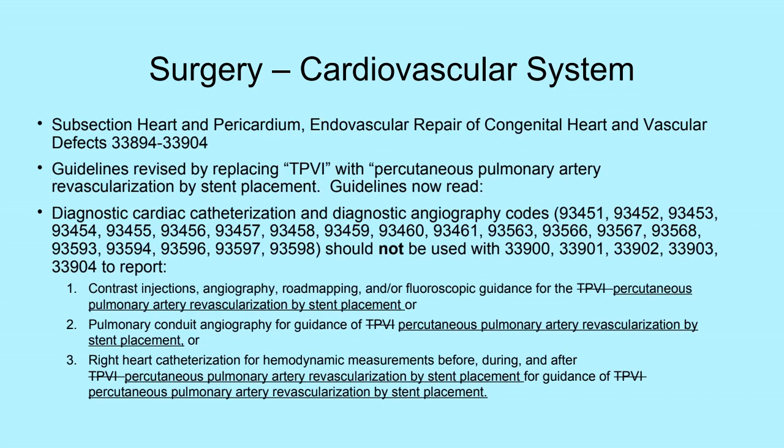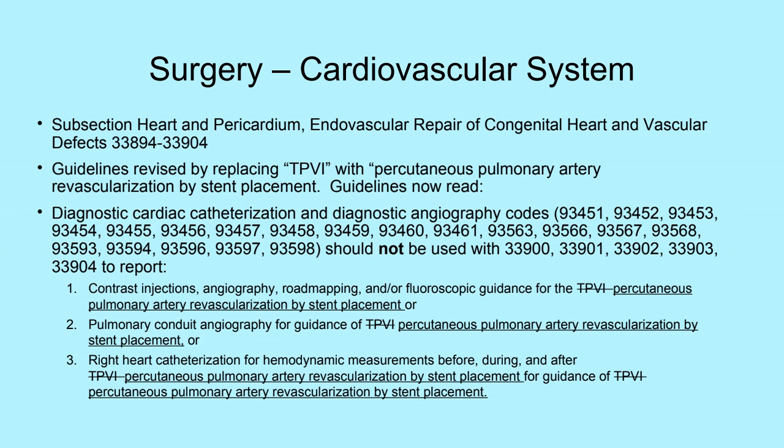Okay, let's start with the surgery section of CPT, starting with the cardiovascular system. In the subsection within cardiovascular, heart and pericardium, the guidelines are revised, and this is just a definition. The codes say TPVI, and this is defined: percutaneous pulmonary artery revascularization by stent placement.